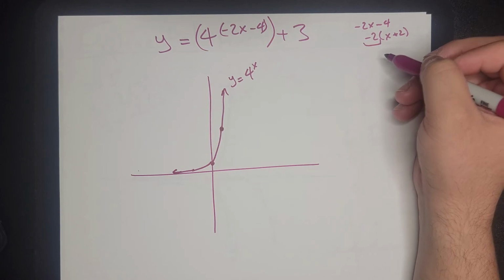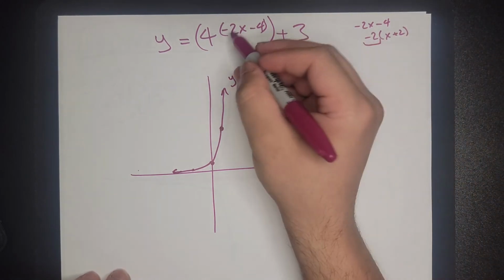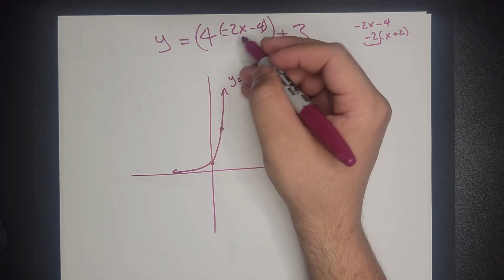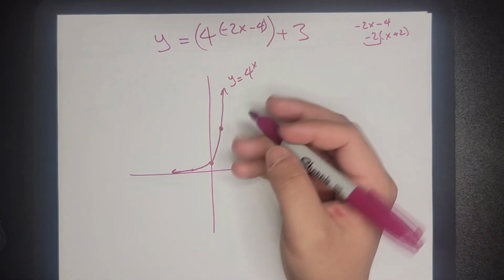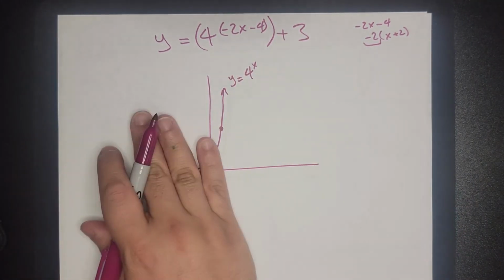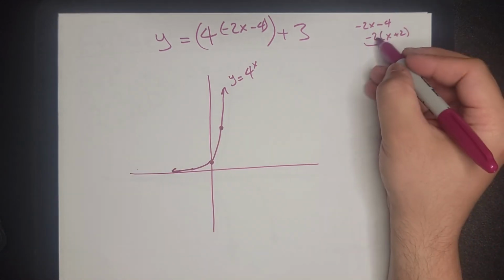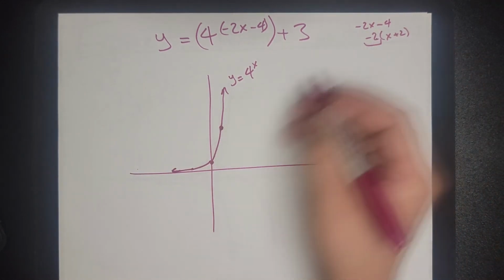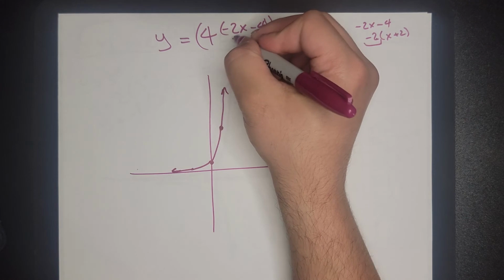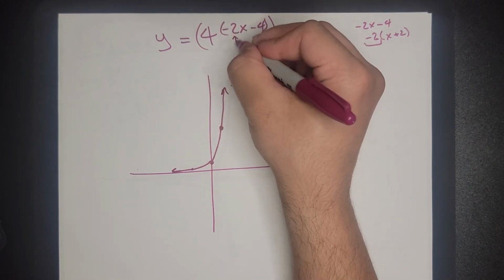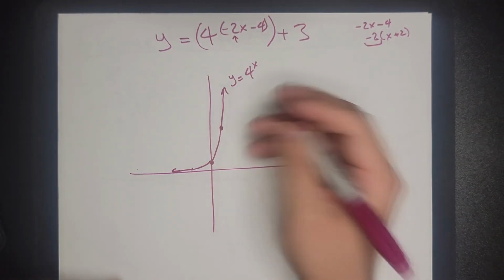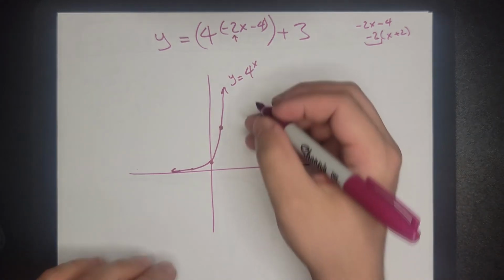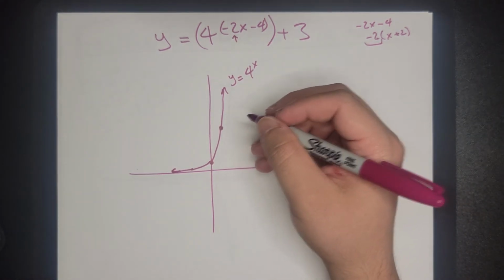So when I have a negative in the exponent, now I have a reflection on the y-axis. And now that I have a 2 here, that means you're going to have a compression by a factor of a half.